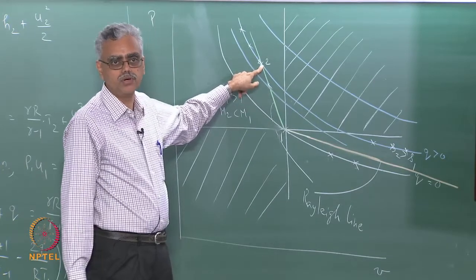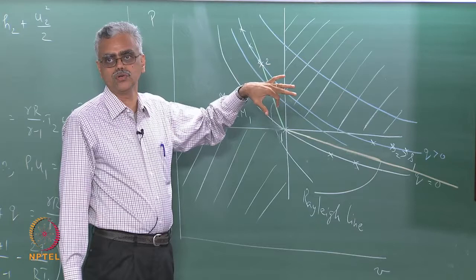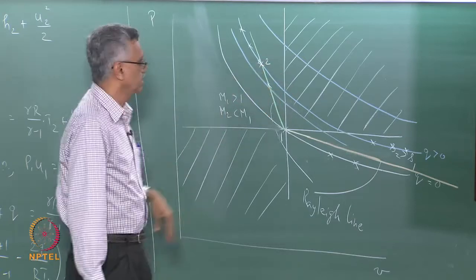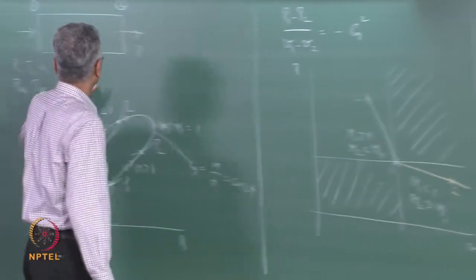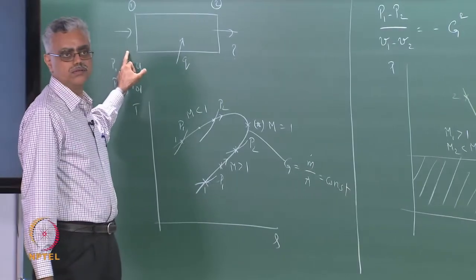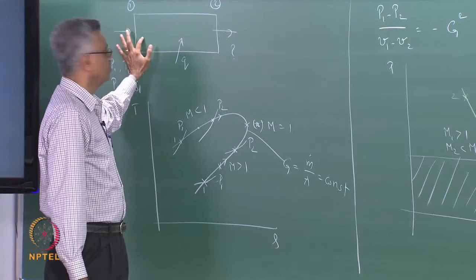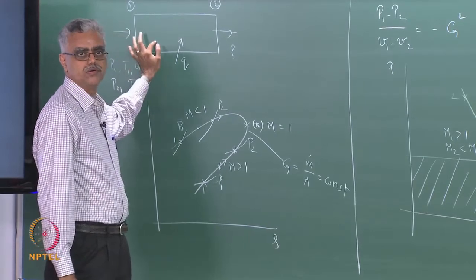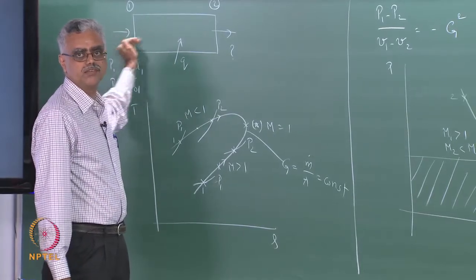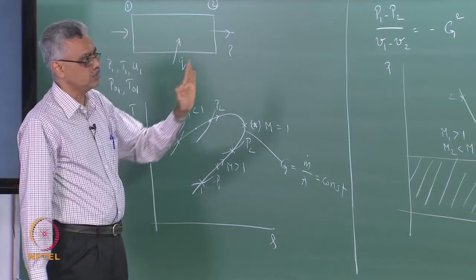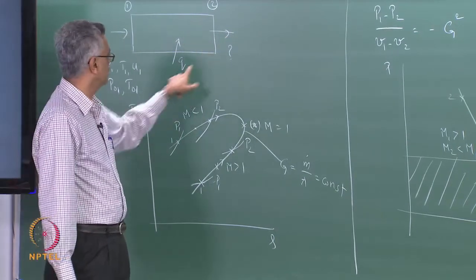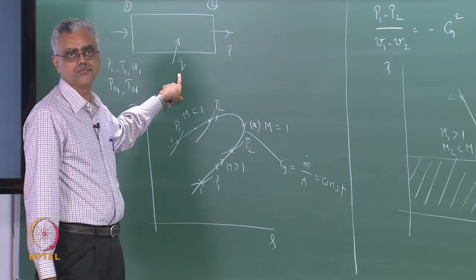That is a very important distinction between this and the normal shock solution, that we must pass through all the subsequent states. If you remember, we discussed this earlier. So starting from state 1, I add a little bit of heat, I get to a new state, then I add a little bit of heat, I get to a new state. So that means I am traveling along the Rayleigh line and cutting across many of the H lines until I reach the exit where the total corresponds to this.